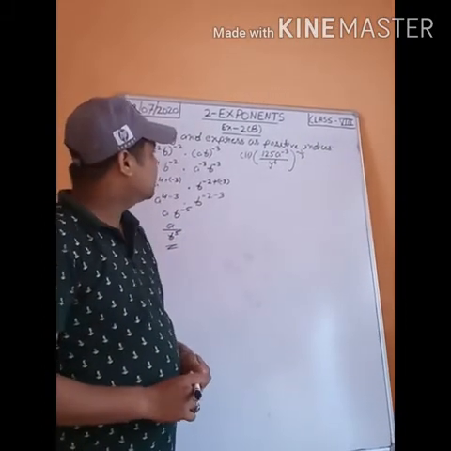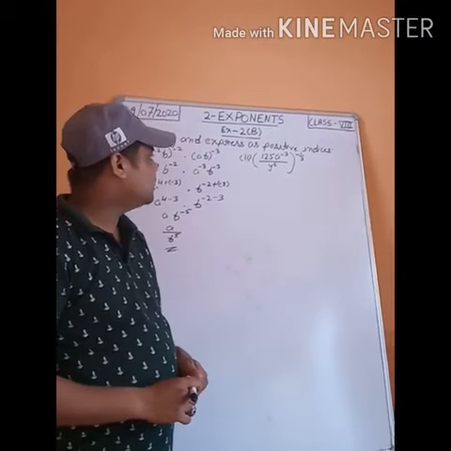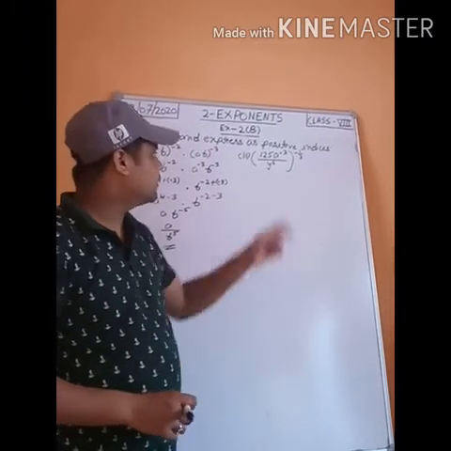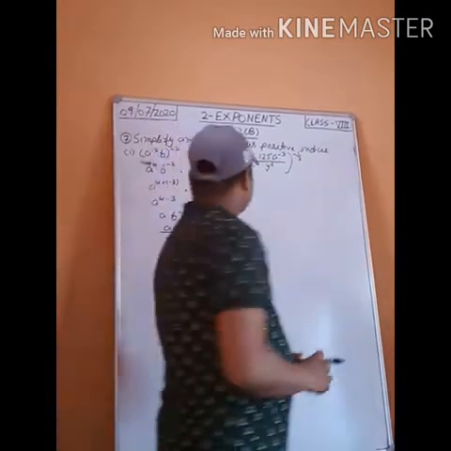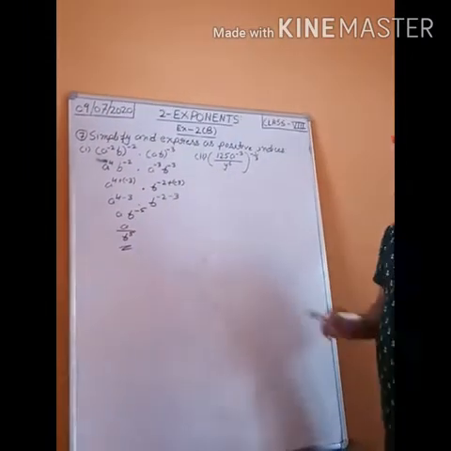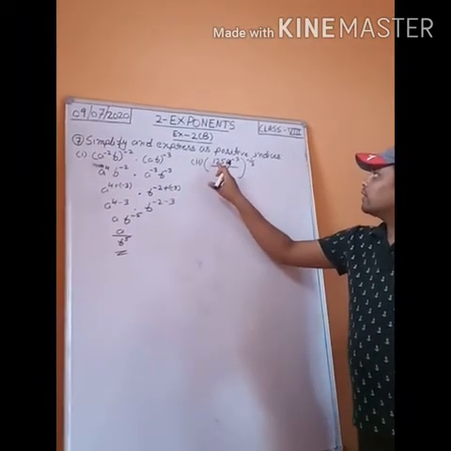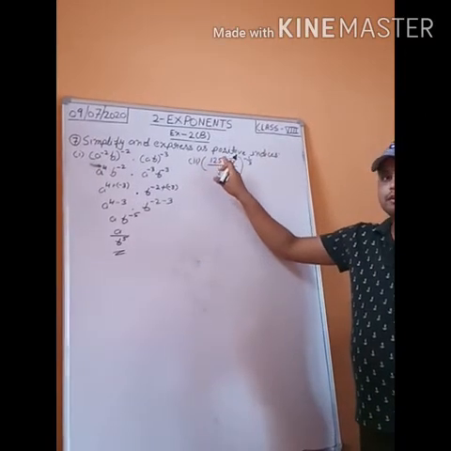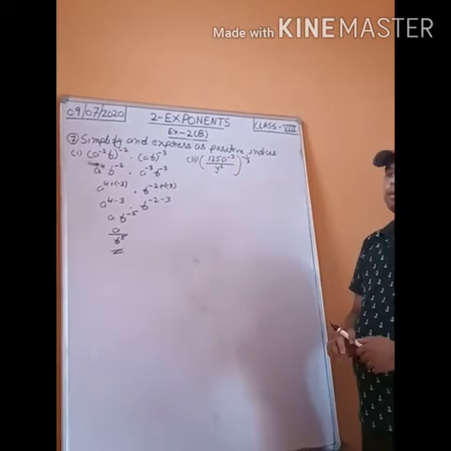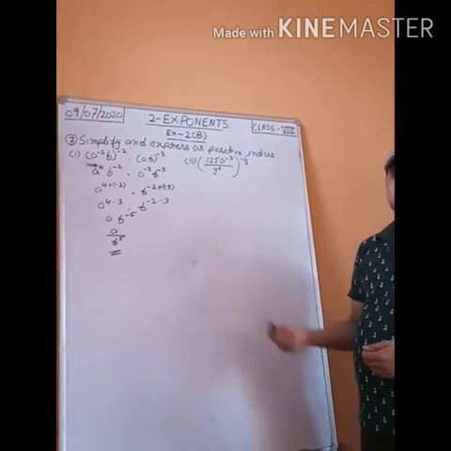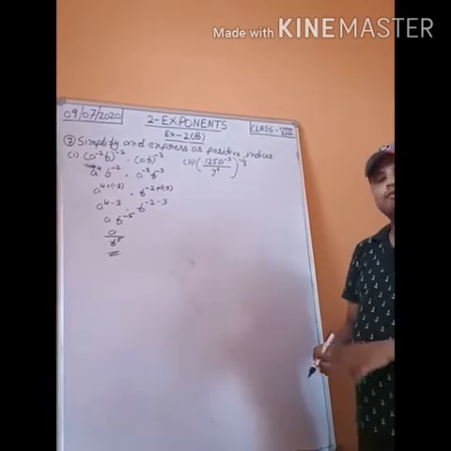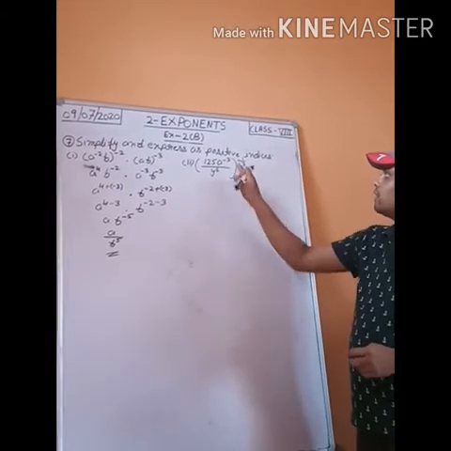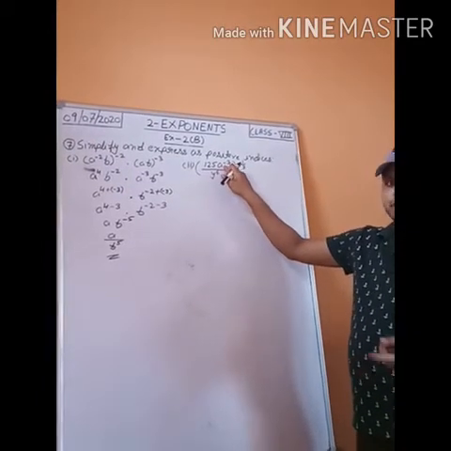Now students, second part: 125 a raised to the power 3 upon y raised to the power 6, then whole power minus 1 upon 3. So first we will see, can we write 125 as a power of 3? Yes, we can write 5 raised to the power 3 means 125. A raised to the power minus 3, this also we can write, but we will take this power positive first.